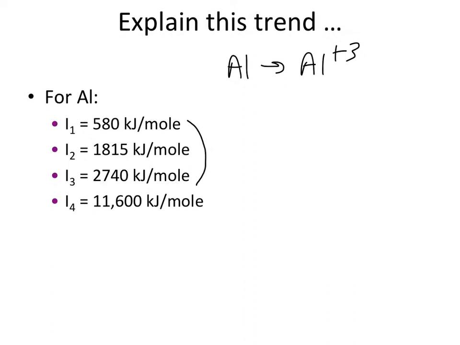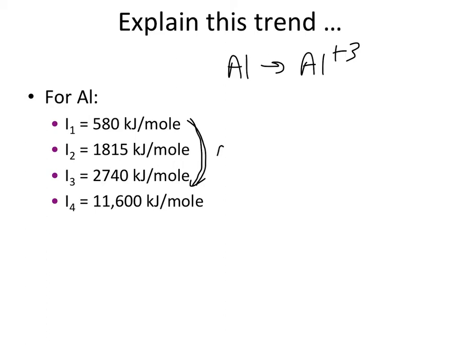And we expect that to become more difficult as you move through the removal of each electron, because as you remove electrons, the proton number stays the same. So as I remove one electron, the electrons that remain are held more tightly by the nucleus. So we expect these three to increase as we go through the removal progression.